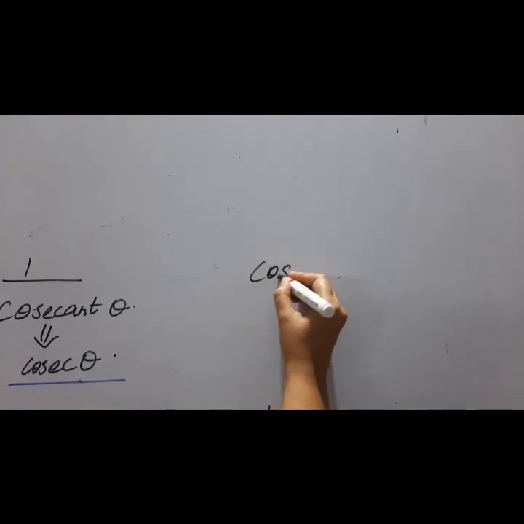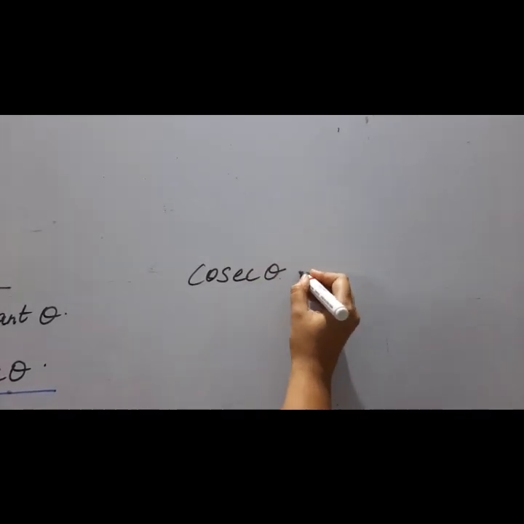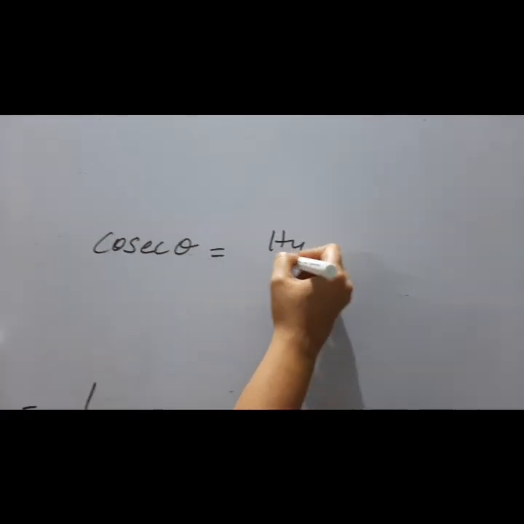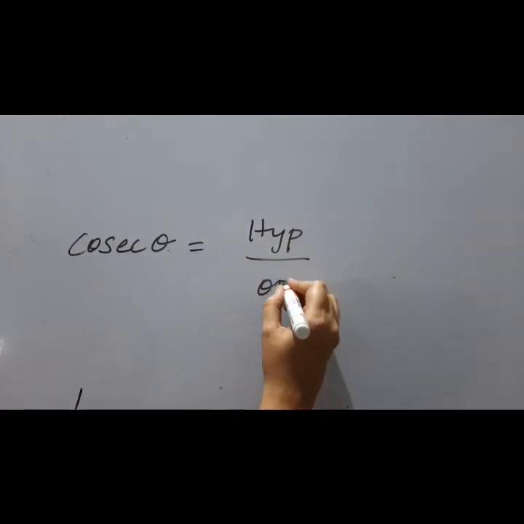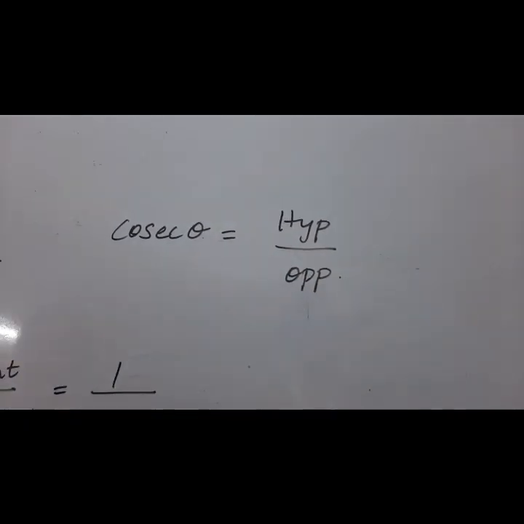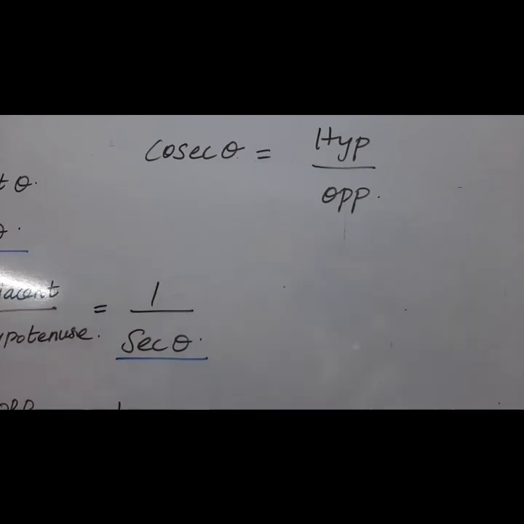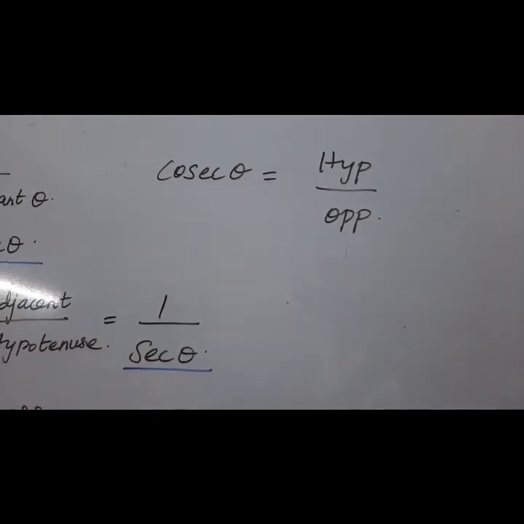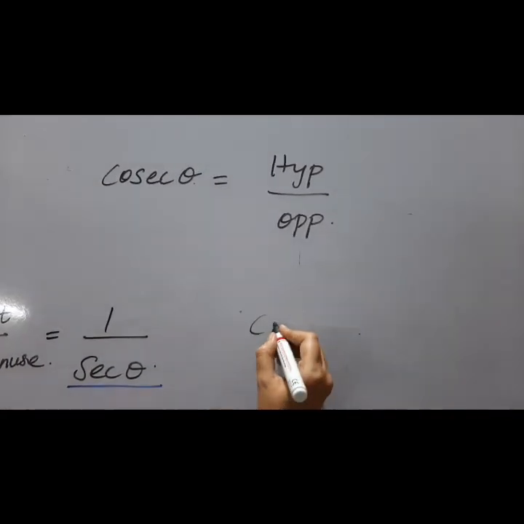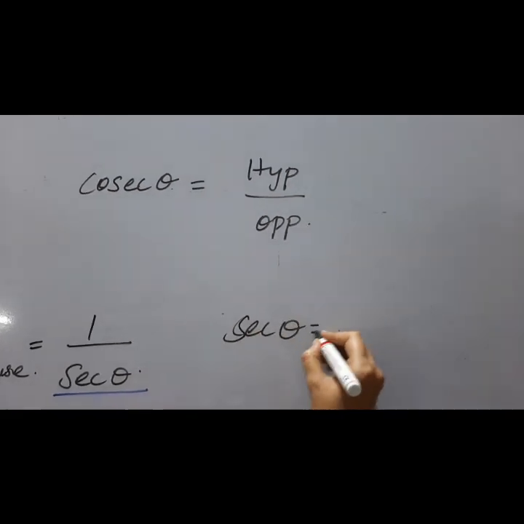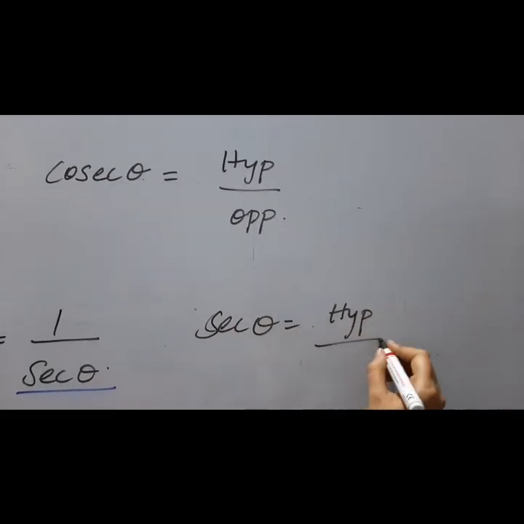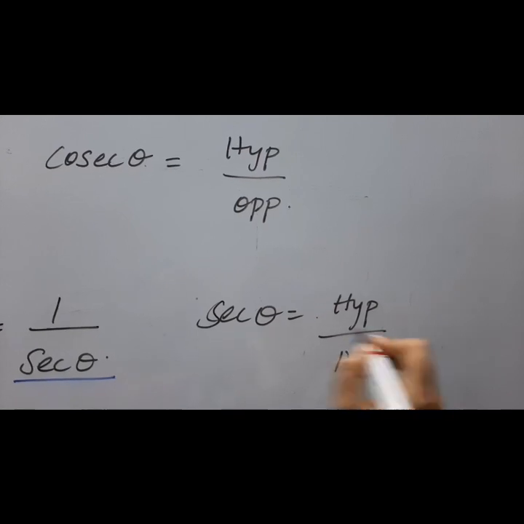So how can we write cosecant theta? Cosecant theta is hypotenuse upon opposite. Your fifth trigonometric ratio is secant theta. Secant is the reciprocal of cosine, so secant can be written as hypotenuse upon adjacent.